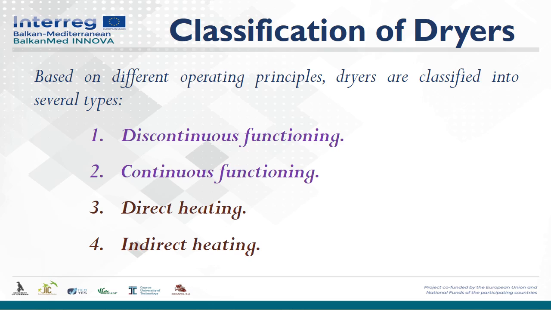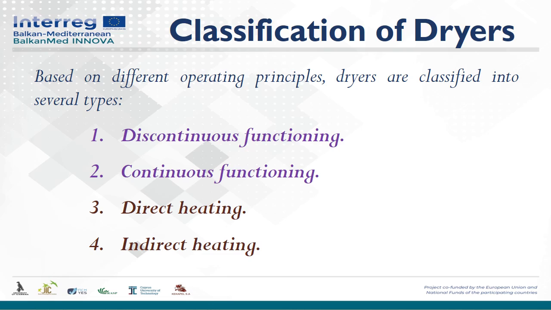But the other thing is that they may have a greater variation in product quality from batch to batch, so this might not be secure. But for this type of dryers, it is more economical for smaller capacities, up to 5 tons per day. But if we talk about continuous functioning, it is more economical for large quantities of material.